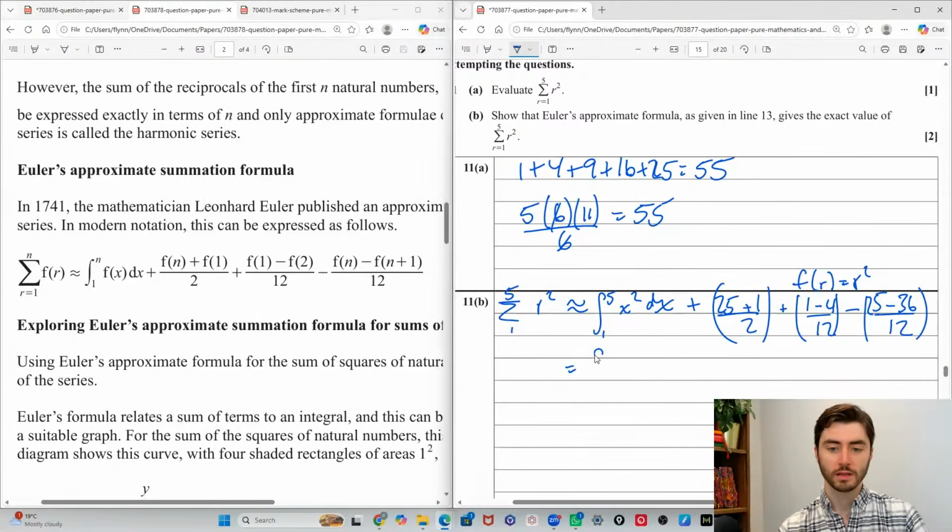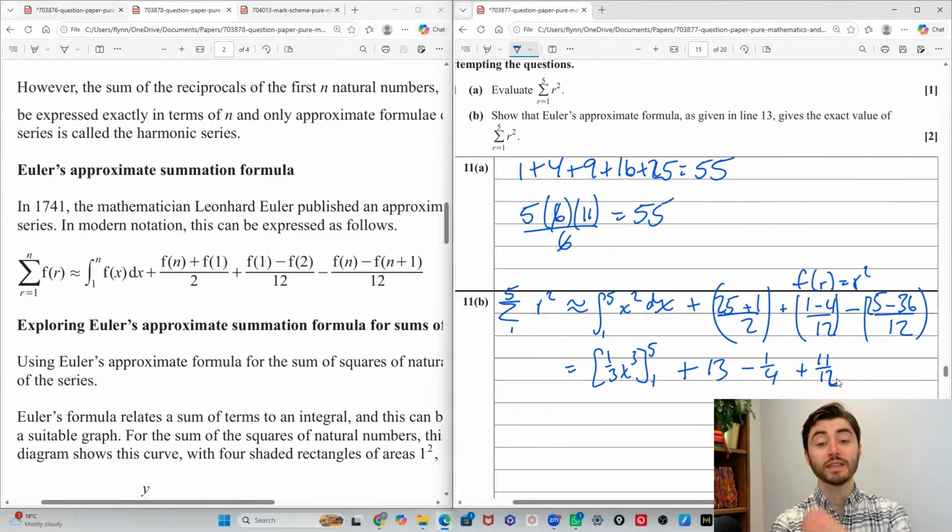So that is a third x cubed between 1 and 5. 26 over 2 is 13. Minus 3 over 12 is minus a quarter. And that looks like, when all is said and done, plus 11 over 12. Because it's going to be 25 minus 36 all over 12.